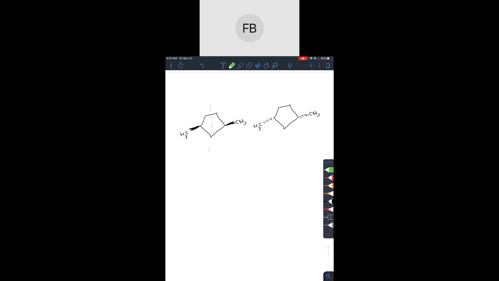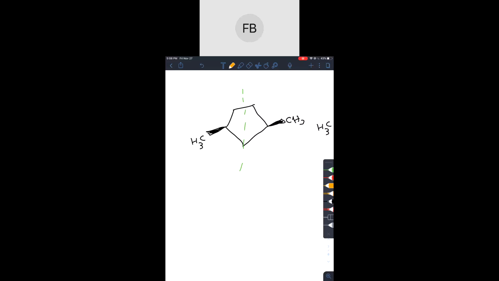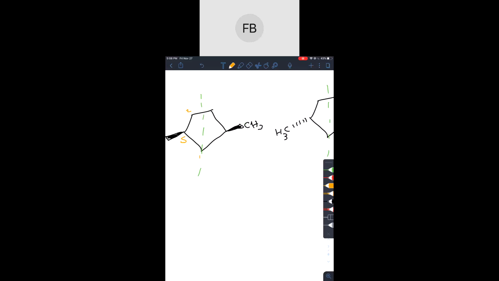We go ahead to count. I think this would be one. I'm going to zoom in a little bit and look at each of these closely. This would be one, two, three. That's going counterclockwise, backwards hydrogen, and that's an S. This other one has a similar situation: this is one, this is two, this is three.